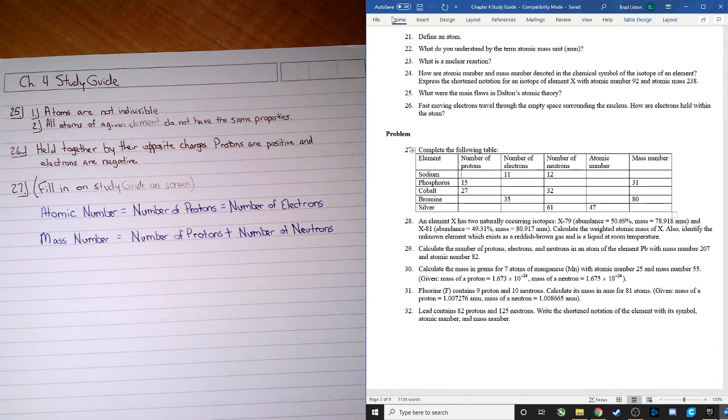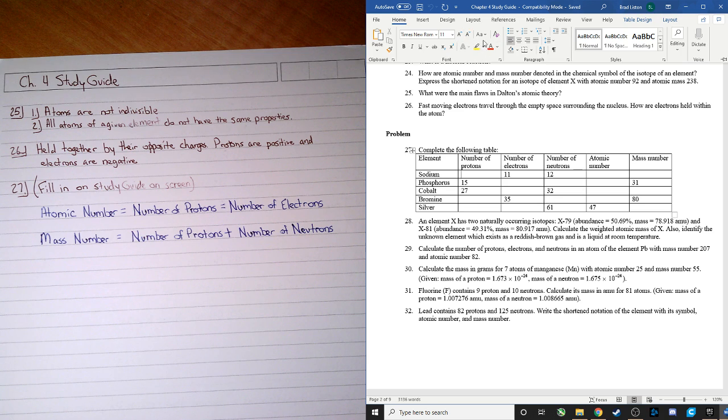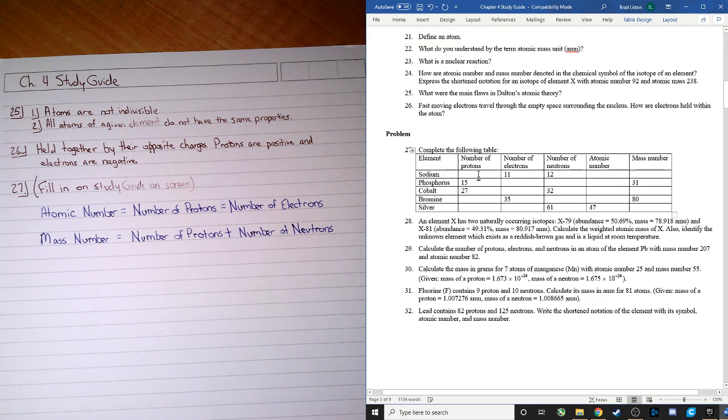So what I'm going to do, let's see, change text color to bright red. So with sodium here, we're given number of electrons, so we know the number of protons is 11. Since we know that as well, we know the atomic number.